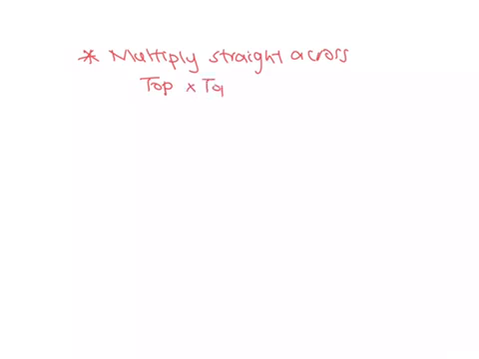When you are multiplying rational expressions, a couple things are important to remember. First of all, you're going to multiply straight across. What I mean is you take top times top and bottom times bottom.